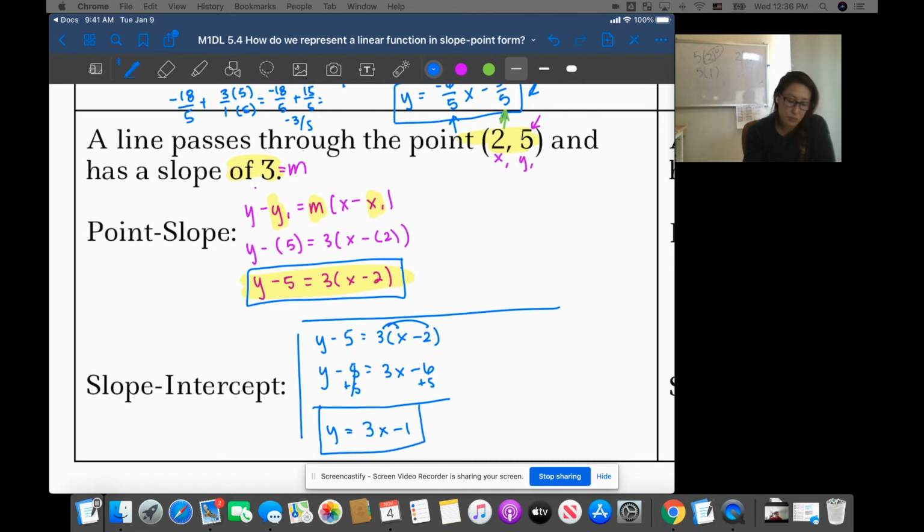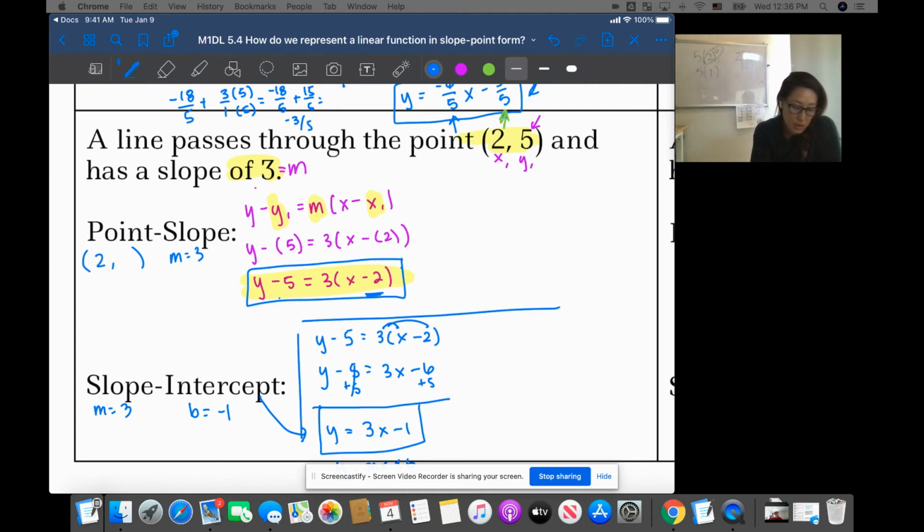And from here, I should be able to pick out the slope. The slope is equal to 3. So if I look at this, y is equal to mx plus b, and my y-intercept is the b value, which is -1. Okay, looking at the equation in point-slope, I can see right here that the slope is 3, and then the point that the line goes through is the opposite of what's in the parentheses.